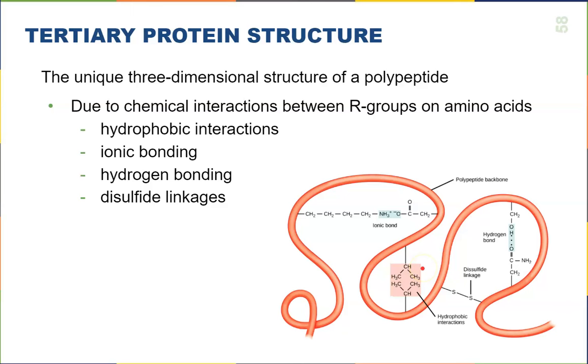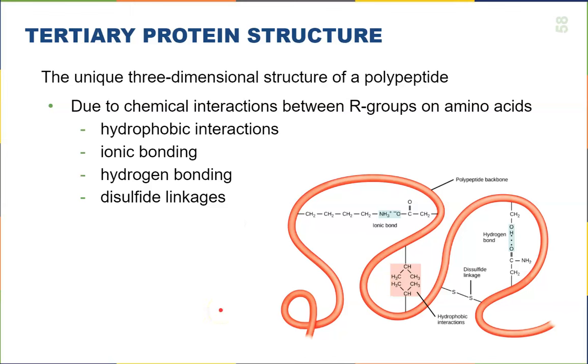Hydrophobic, they don't like water, so they would probably be protected a little bit in the center of a protein. If there are sulfur on the R groups, those are going to be linked in a disulfide linkage. And then hydrogen bonding can also occur still. So these are tertiary structures of proteins.